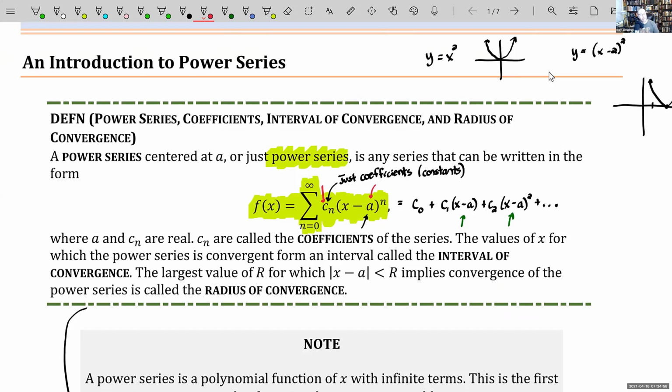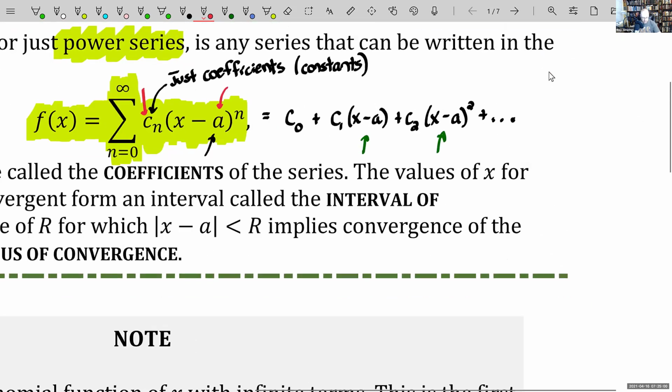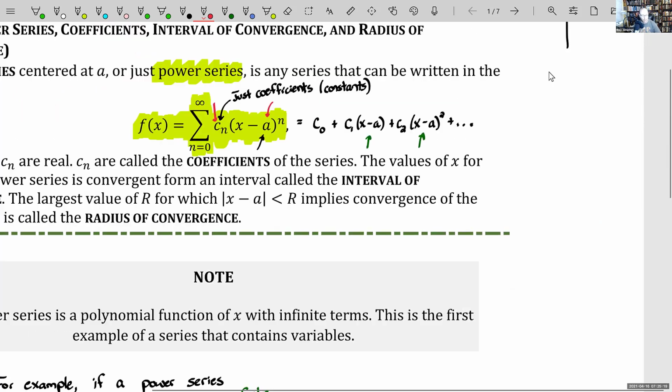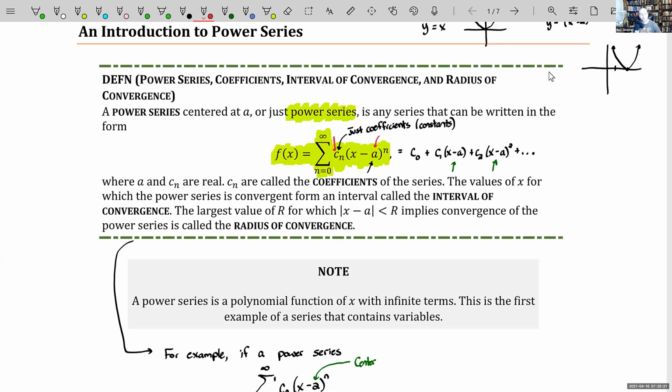These would be functions that have kinks, corners, or cusps, or any type of absolute value function. The main reason is that they just don't have an infinite number of derivatives. That's not important for today, but I'm letting you know that's the reason some functions don't have power series representations.